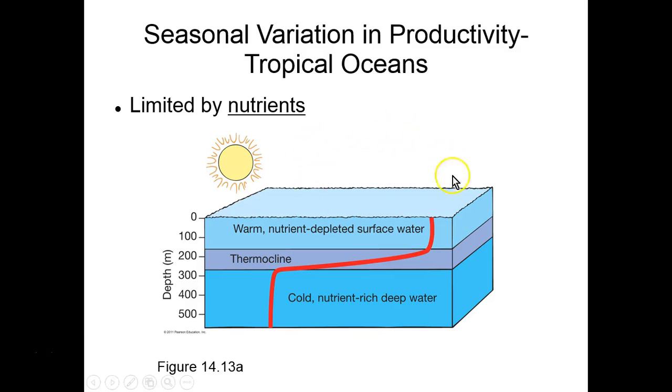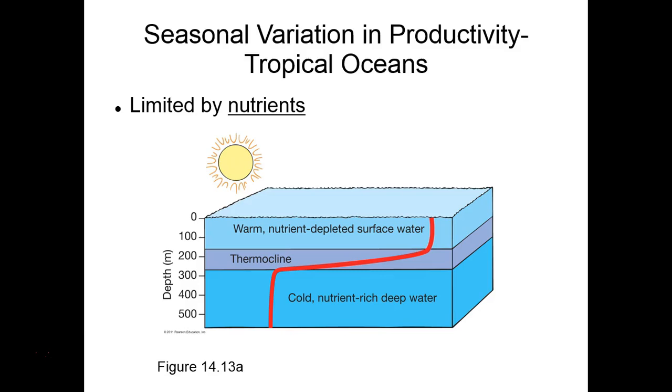And because of that, because there's constant warming of the surface water that creates that thermocline, it is very low in nutrient concentration. So although there's a lot of sunlight, there's not very much nutrients, and that's why primary productivity in tropical oceans is generally low.